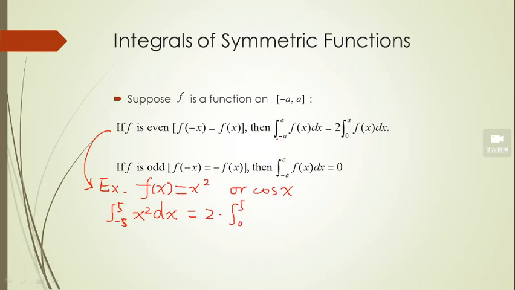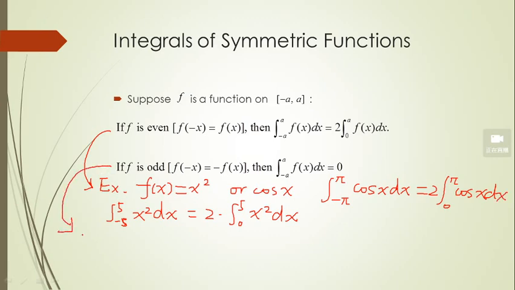Okay, here be careful, it should be minus a to a. That is an even function, and it's the same for the cosine. From minus pi to pi, cosine x dx. So that will be twice the integral from 0 to pi of cosine x dx, like that. Then what is an example for the odd function?